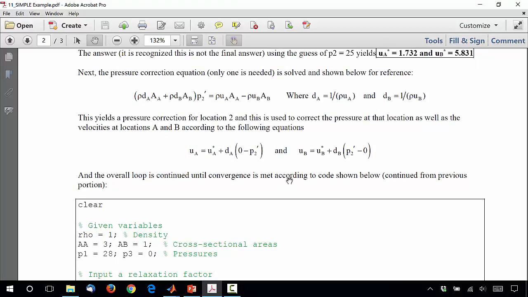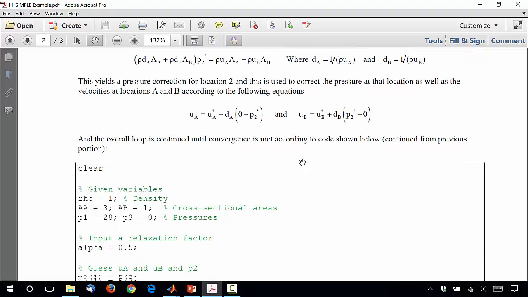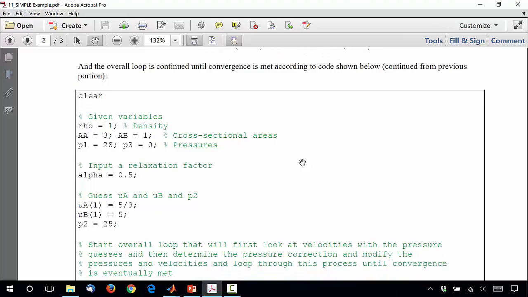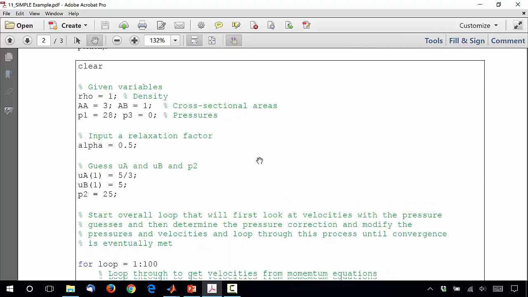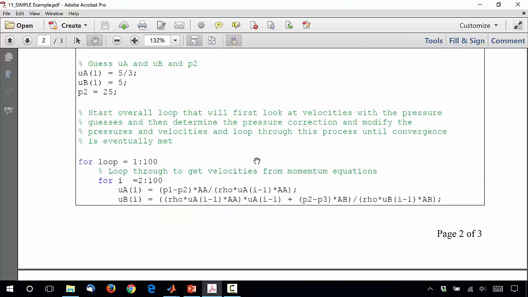Then we're going to look at those velocities and evaluate whether they are close enough to satisfying continuity and the momentum equations to be acceptable for us. And so here's the overall code to do that.